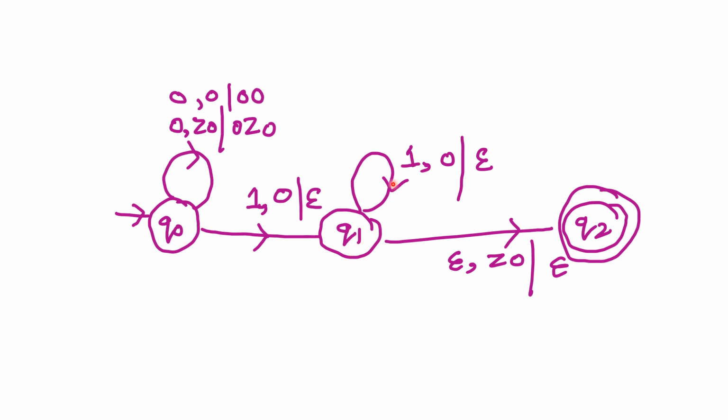When the input is 1 and the stack symbol is 0, you pop, and again when the input buffer is empty and the stack is Z0, you go to the final state. This is the way of representing the transition diagram.